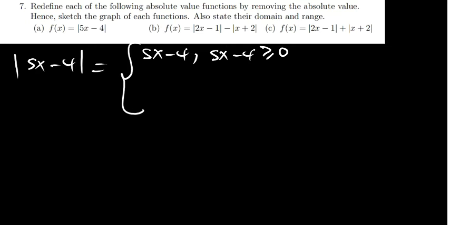Now if I multiply this function by a negative, it's going to be negative 5x minus 4. Then the same one, the origin, has to be less than 0 now, not less than or equal to, but less than 0.